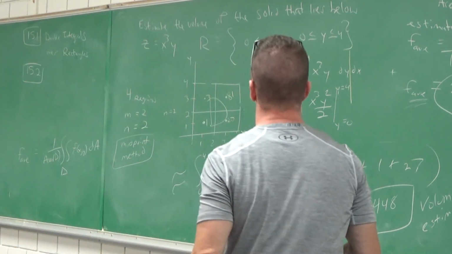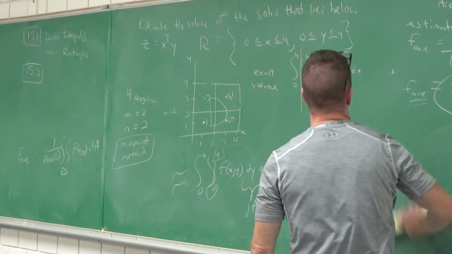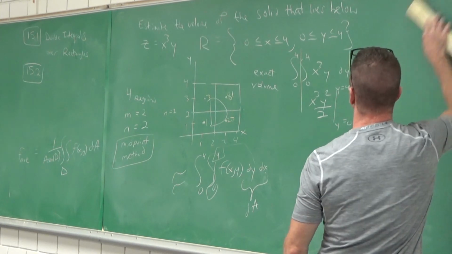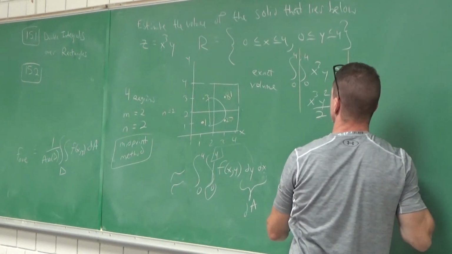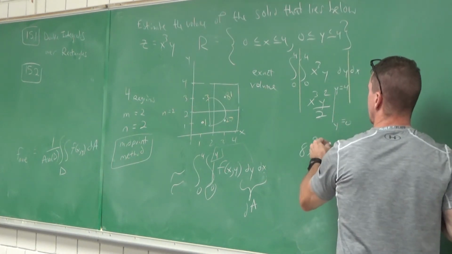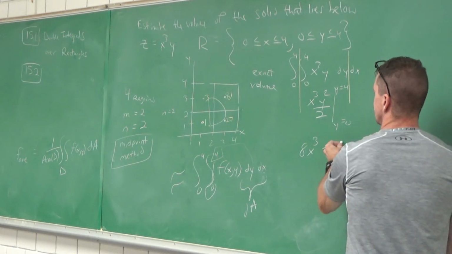Okay, good. Would you substitute those? I'm still doing that inner integral. What's 4 squared over 2? 8. Okay, 8x cubed. Minus, now substitute a 0. It'll be 0. I like zeros.